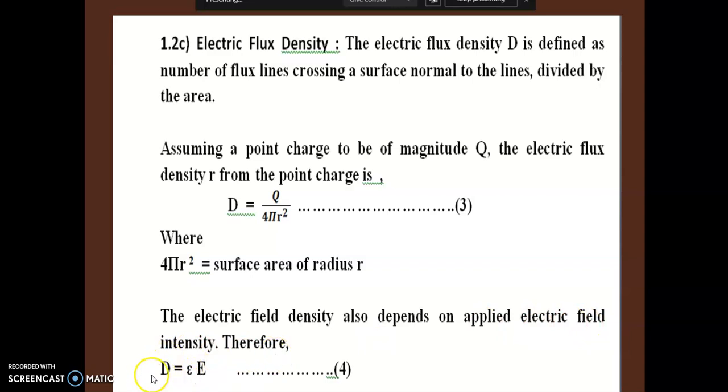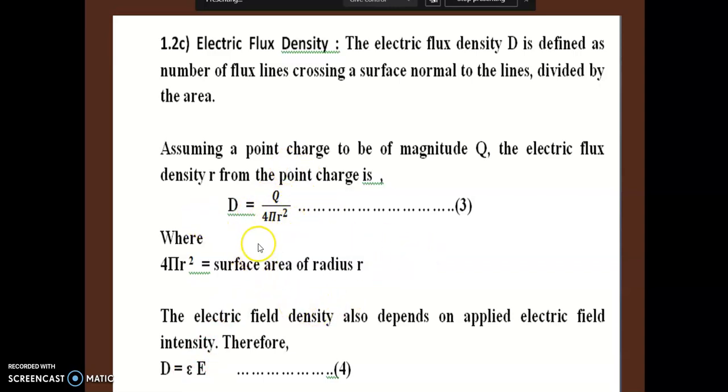So flux density D is given by Q upon 4 pi R square, and here epsilon is not there. So you can say flux density D will be equal to epsilon into E. When you see the formula of E, that epsilon and this epsilon will get cancelled, and you will get Q upon 4 pi R square.